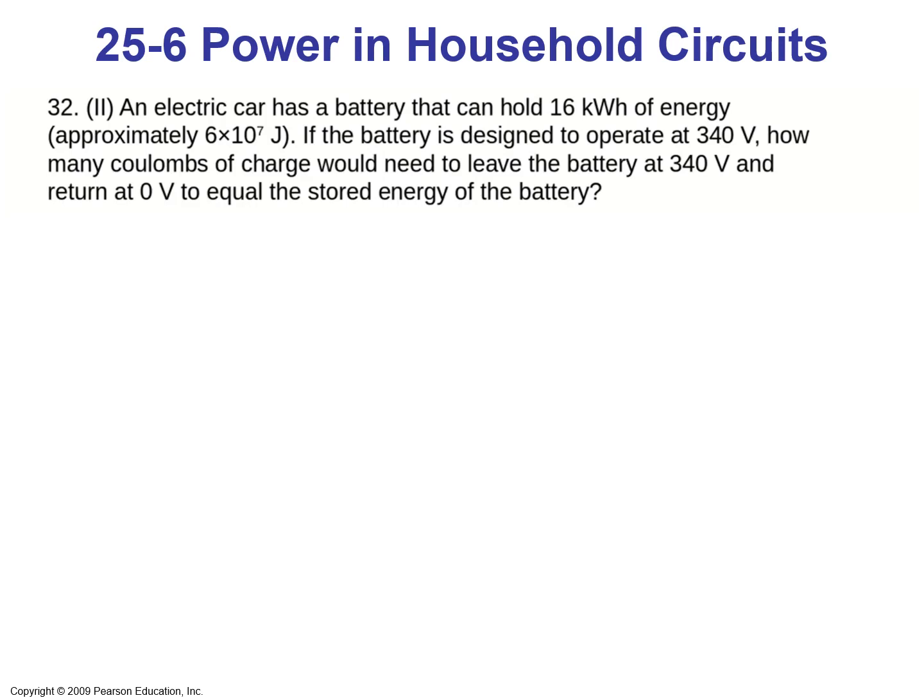If the battery is designed to operate at 340 volts, how many coulombs of charge would need to leave the battery at 340 volts and return at 0 volts to equal the stored energy of the battery? The potential energy is equal to the charge times its voltage. So we say the potential energy of the battery, U, is equal to charge multiplied by its voltage.